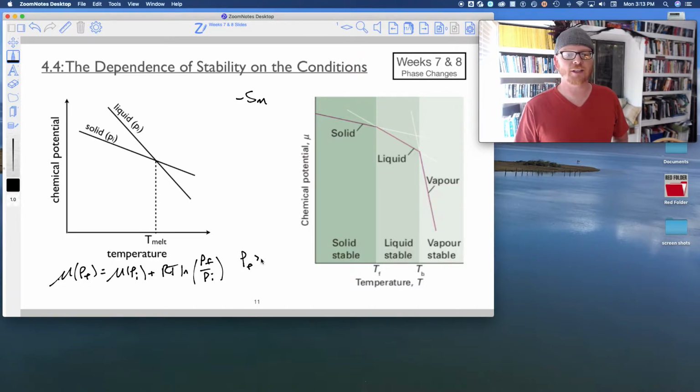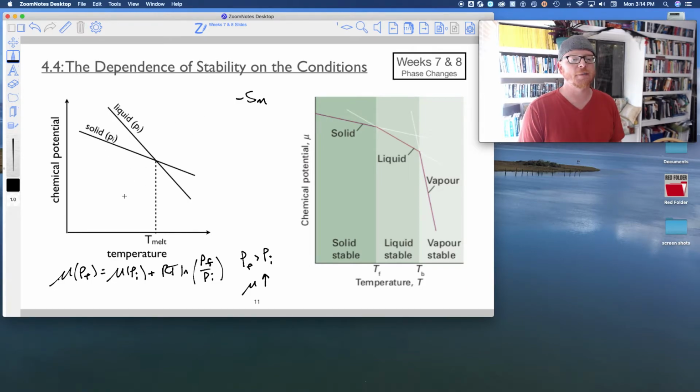In the case when P final is greater than P initial, if we inspect this equation for a moment, then this means that mu will increase. Because if P final is greater than P initial, the natural log of a number greater than 1 gives me a positive number, times RT. And then that has an additive effect, because I get a positive quantity.